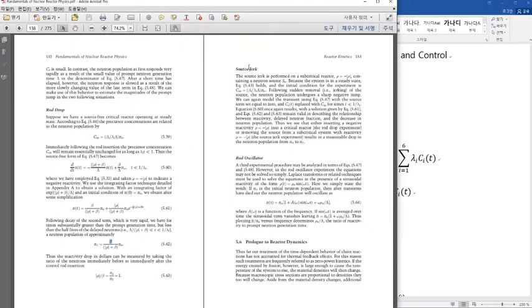And source jerk will be almost the same as the load drop because we are going to withdraw the neutron source in a subcritical reactor. The effect would be the same as inserting the control rod. Both will provide a negative reactivity to the reactor.